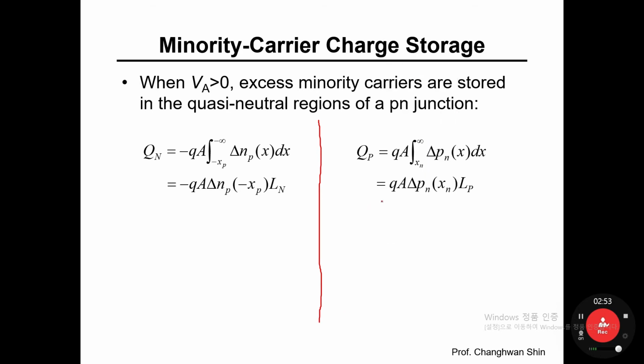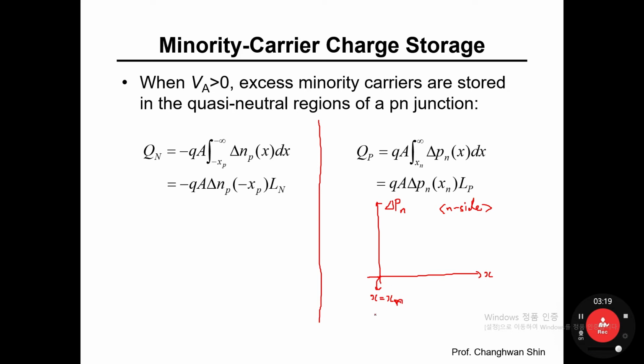On the right hand side, I'm going to draw the excess hole concentration in the n side, as a function of x. Definitely this corresponds to x_n, which indicates the edge of the depletion layer in the PN junction diode.